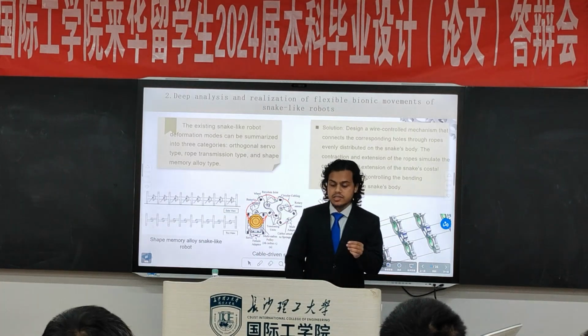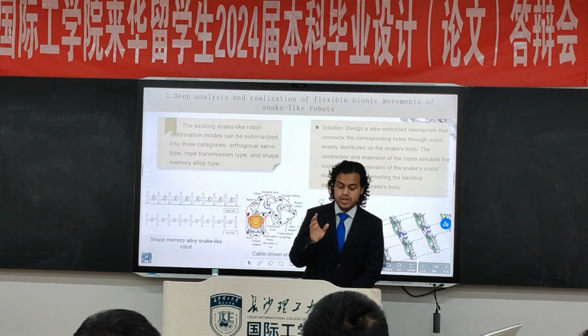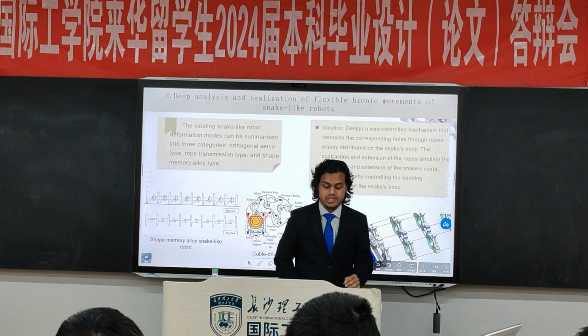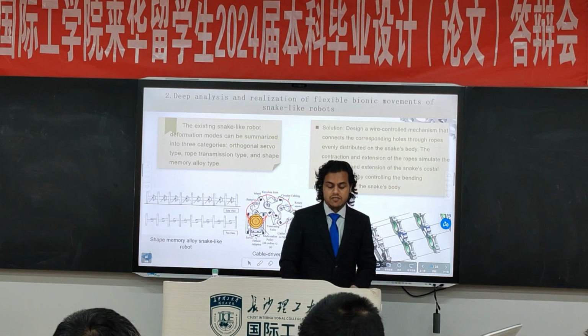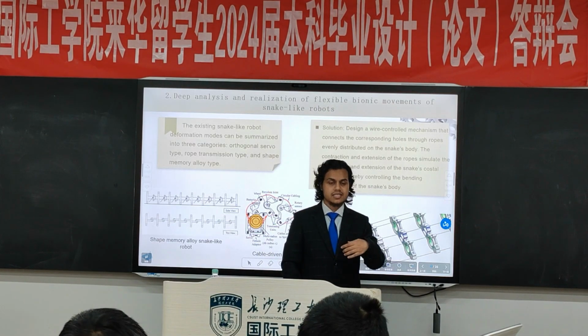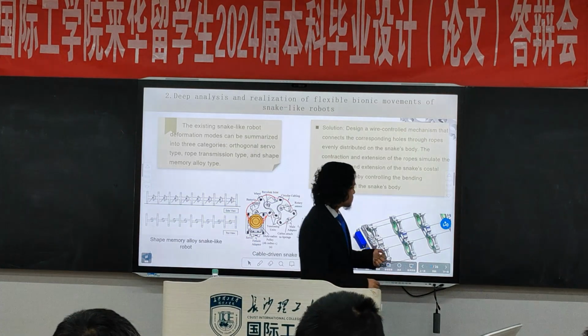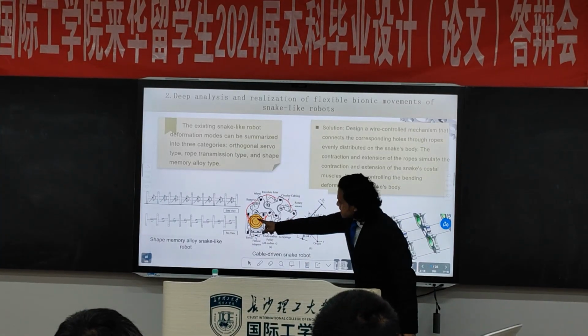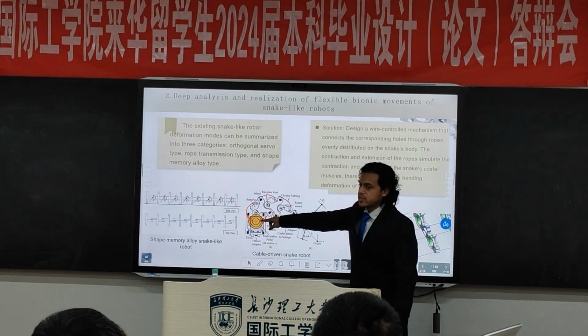Deep analysis of the flexible binding movements of snake-like robots. Here is a very important thing that we need to understand first: the wire connection, the cable-driven snake robot. How can we bend a snake by a wire connecting or wire pulling system? This is a wire connecting system with a microcontroller.